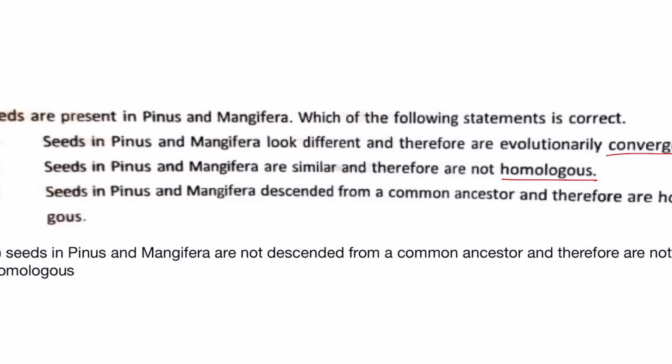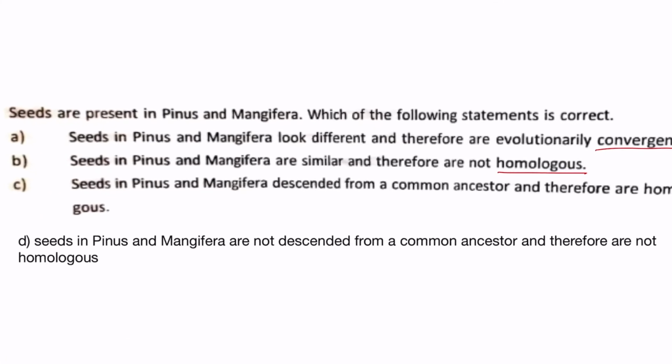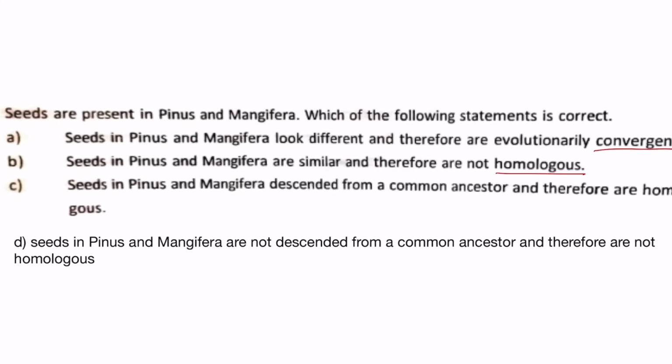But homology is when two species of the same category are divergent, like they have diverted into different geographical locations and thus have developed different properties and features adapted to their location and have started to be different from each other, and therefore they are homologous.